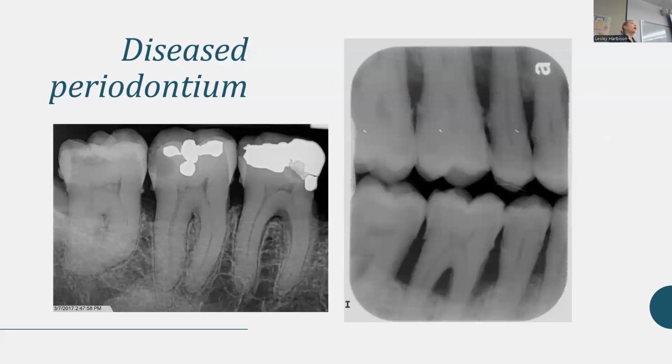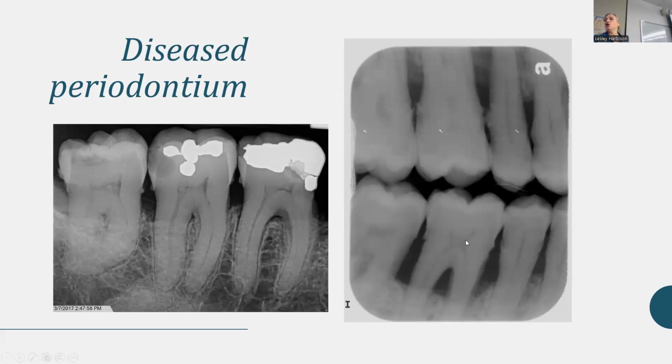Diseased periodontium. Now, it's easy to tell very diseased periodontium on a radiograph. That is a no-brainer. Where you guys will struggle is mild perio. I struggle there. If all I have is a radiograph, I lean heavily on lamina dura, PDL, and try to guesstimate the space as best as I can.